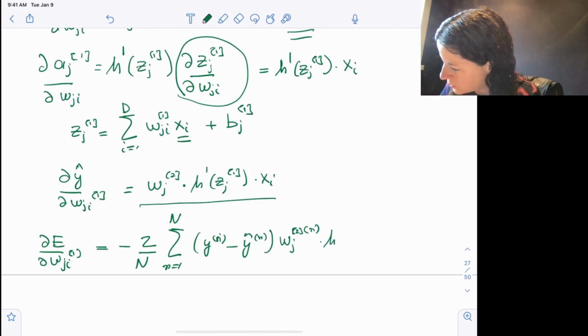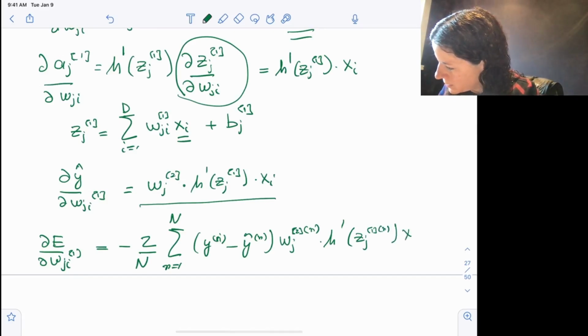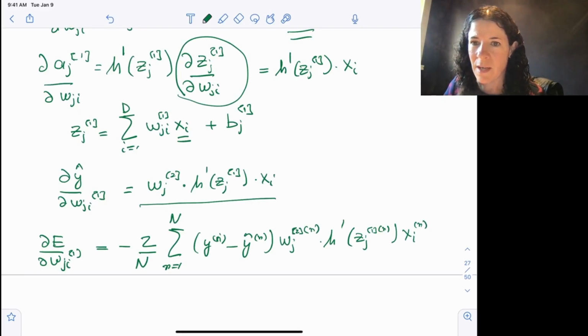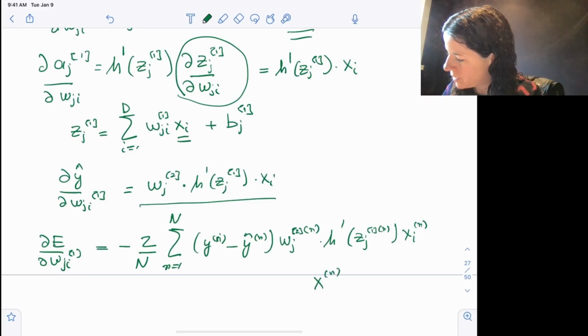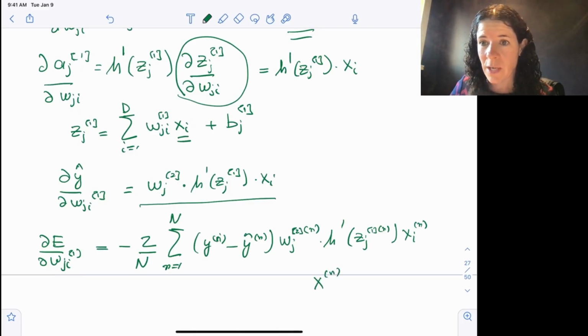Times h prime of z_j^(1) at n, and that's going to be x_in, which is the ith dimension of x_n. So x_n is the nth observation, and x_in is the ith feature of observation n.